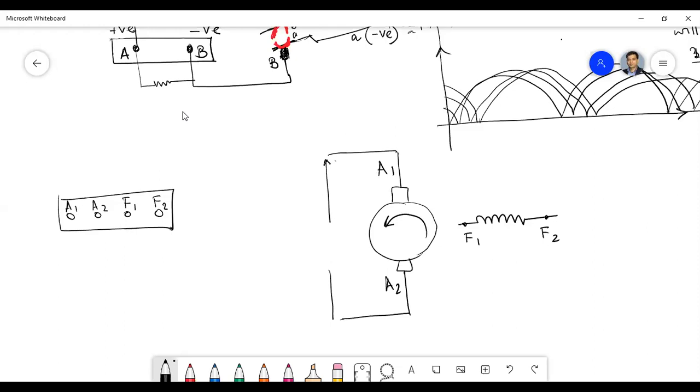To get some voltage induced, we have to flow some current through it. Then it will generate some flux. Then it will generate some voltage. And for that we need some current flowing through the field coil.